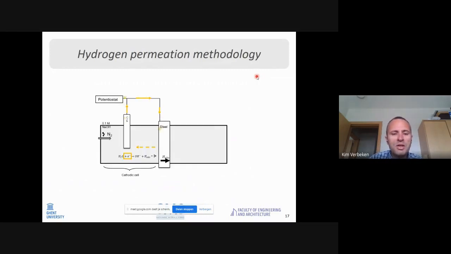So actually what you have is a double electrochemical cell. And here you have your steel specimen. This is the material, and from this material, you want to determine the hydrogen diffusion coefficient. You have the left cell, which is the cathodic cell, and here at the surface, this reaction is taking place.